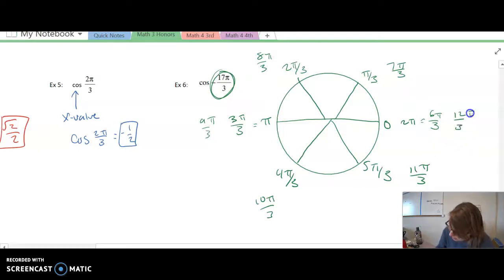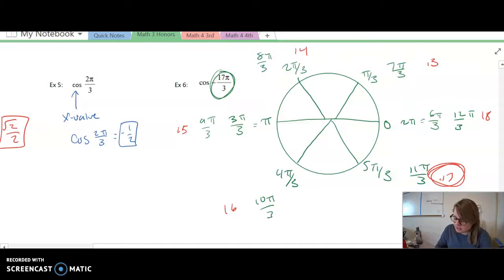And it may take me a hot minute to get all the way to 17, but I'm just going to write the numbers for this. So 12, 13, 14, 15, 16, 17, 18. Well, we hit 17, which was right here.